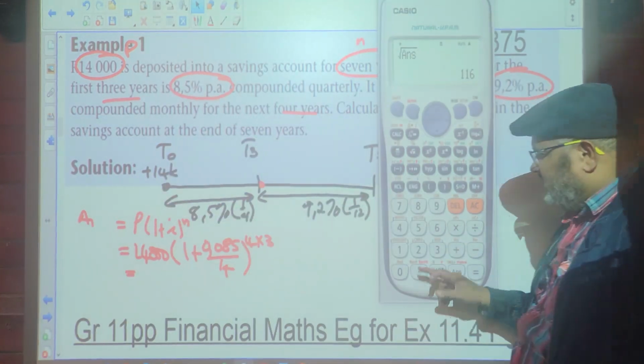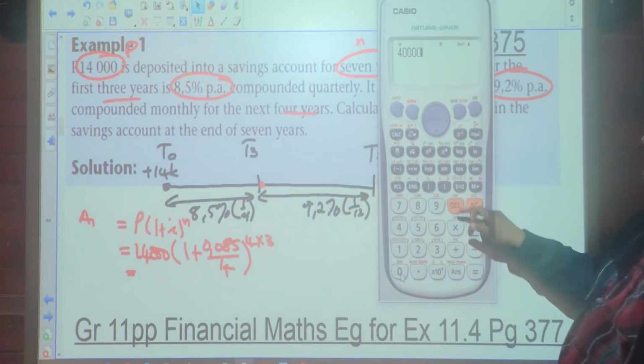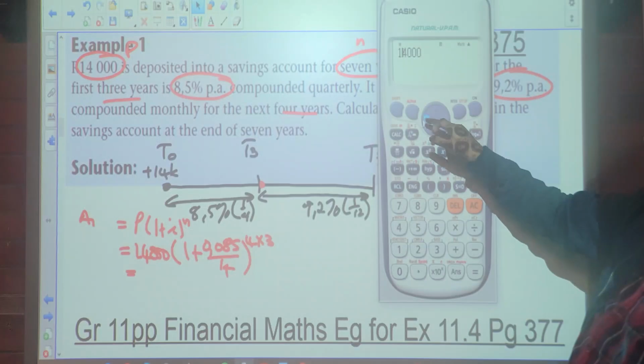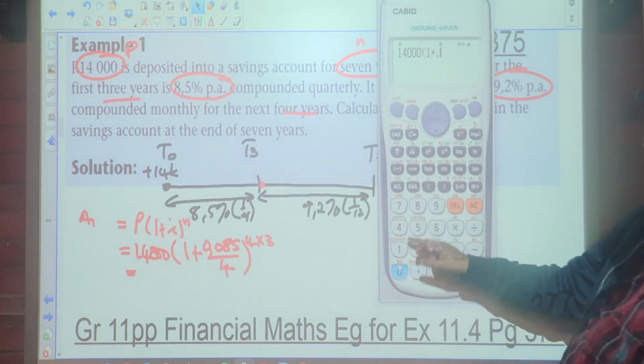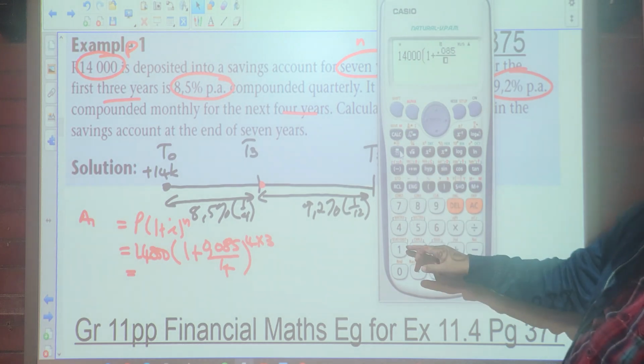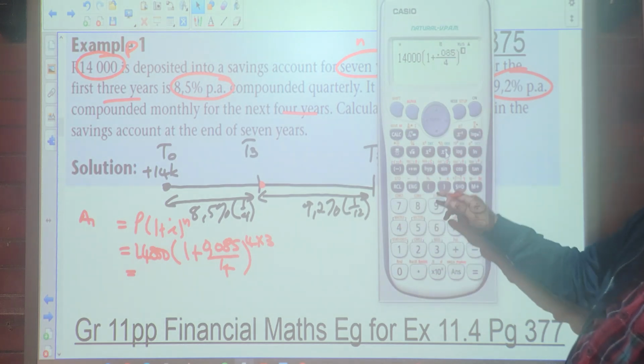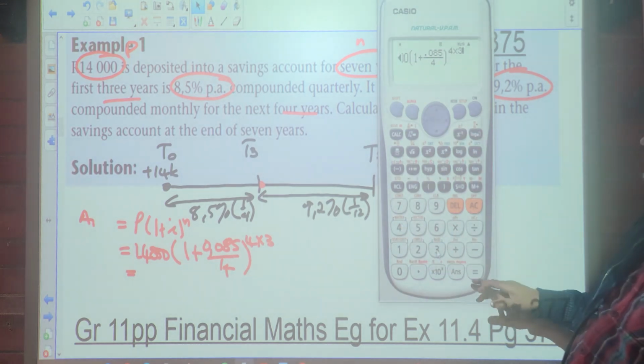Please do not do this in your head. It's 14,000 Rand into 1 plus 0,085 over 4 to the exponent 4 times 3.